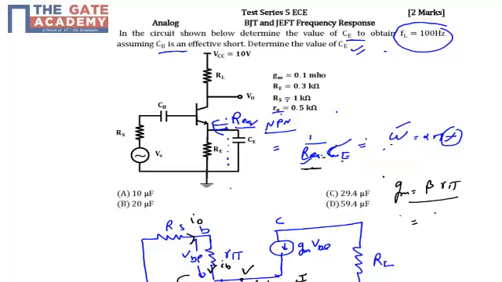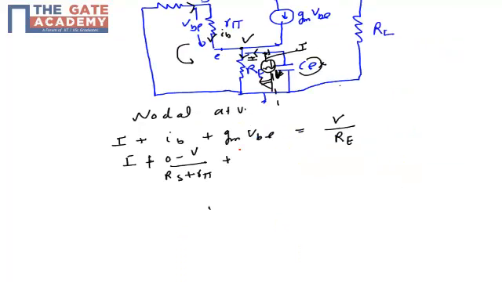Beta is unknown to us, but gm is already given to us, 0.1 mho. Then gm VBE is what? VBE is the voltage drop across r pi, which is IB into r pi.